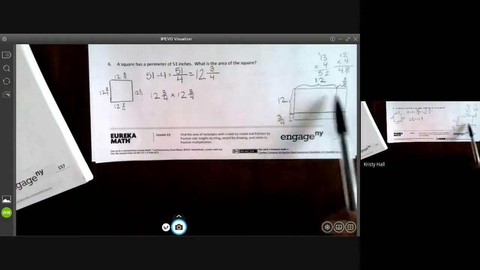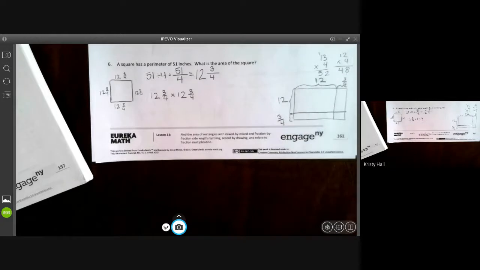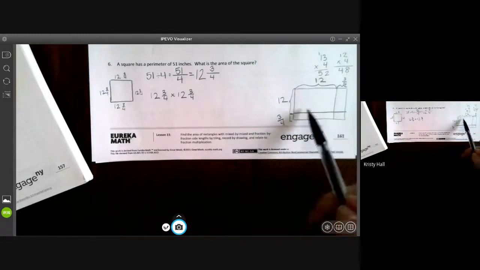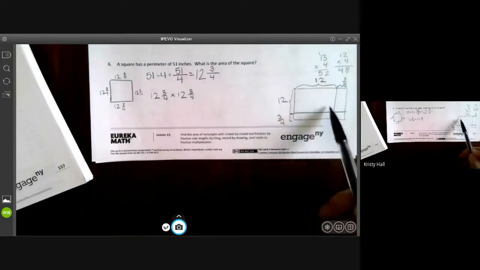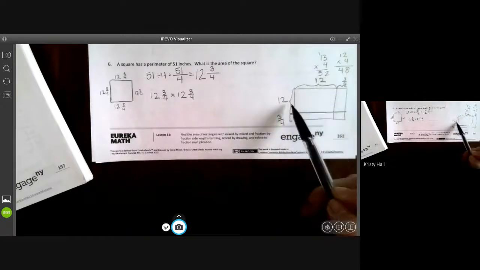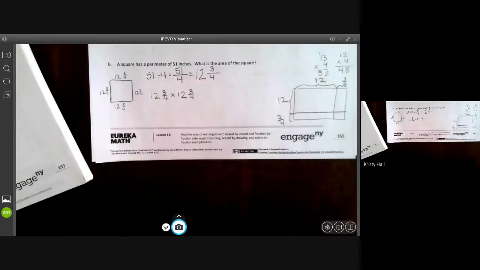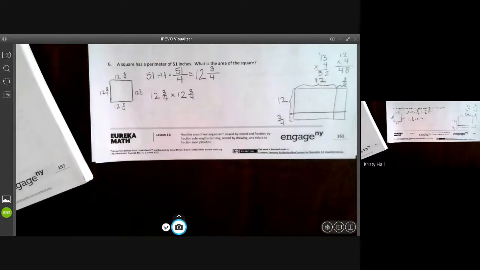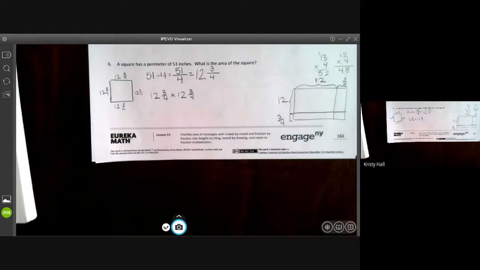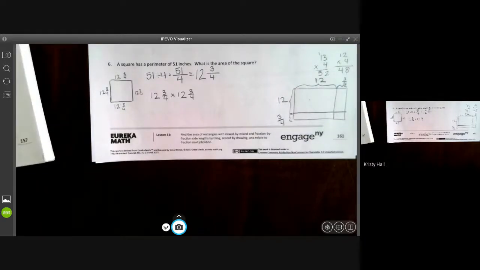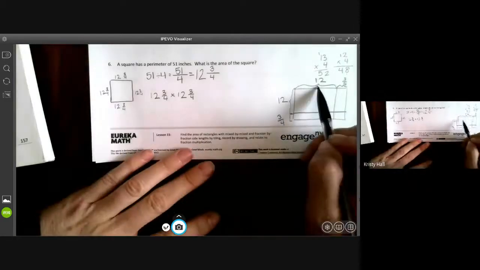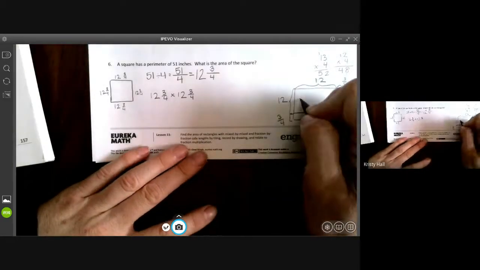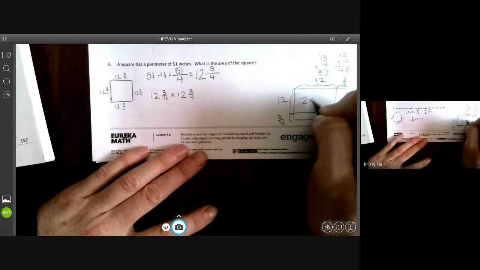I don't need every single one of those boxes drawn in because I know that to find the area of this box, I'm going to multiply the length and the width. So what am I going to multiply in this box? My length and my width is going to be 12 times 12.